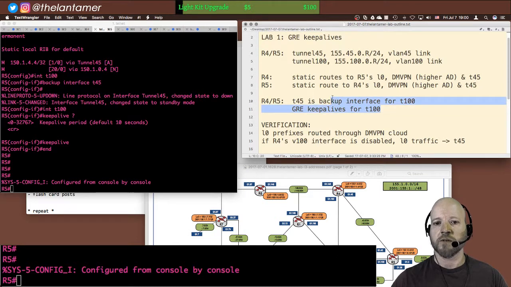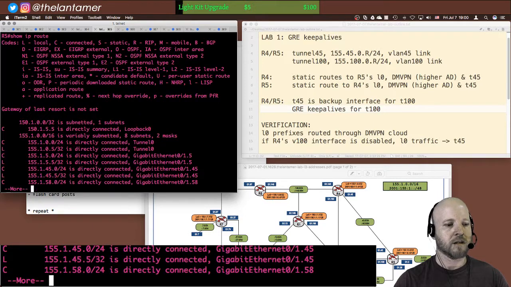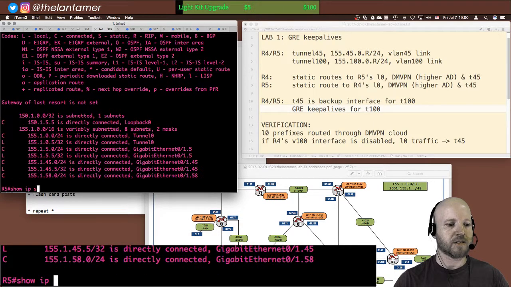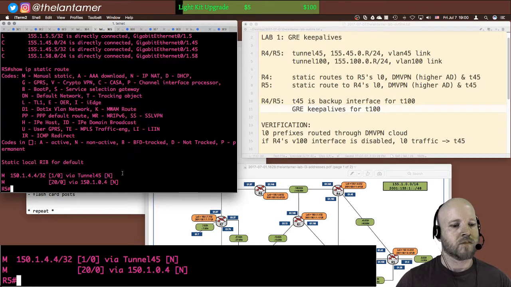So we've done our configuration. I think our configuration is correct. Show IP static route. Okay, so now it says that both of these are not active.